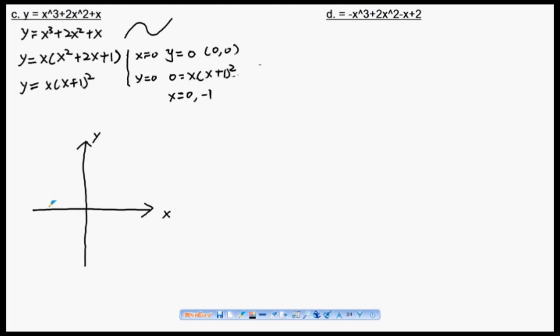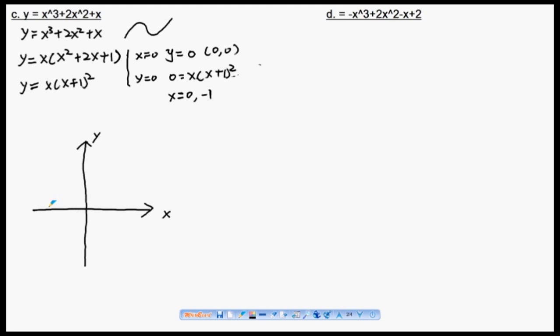Now we have x times a bracket with a quadratic expression in it. We try to factorize the quadratic, and in this case it fits a perfect square, which is (x plus 1) squared. So we factorize it first. Now we try to find the x-intercept and the y-intercept.